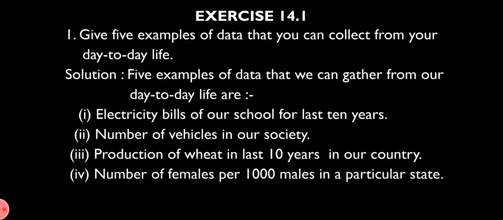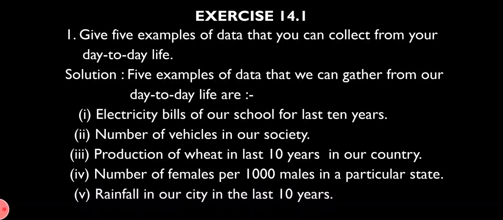Fourth, number of females per 1000 males in a particular state. Means in any of the states, what is the number of females per 1000 males. Fifth example, rainfall in our city in the last 10 years.